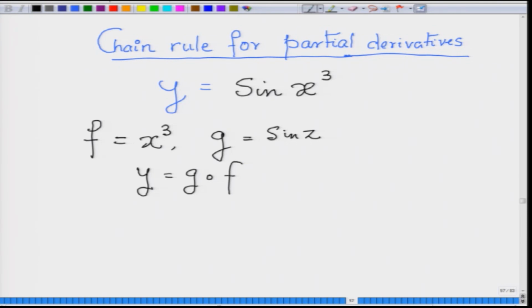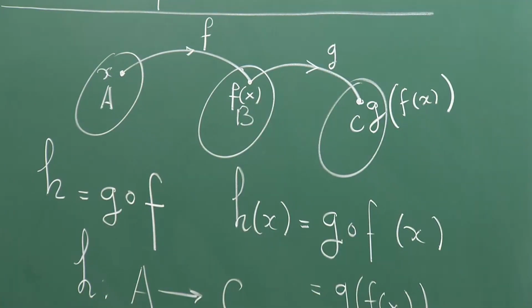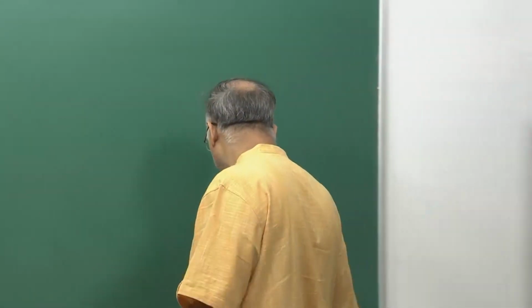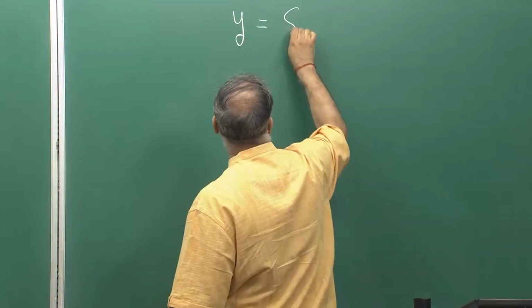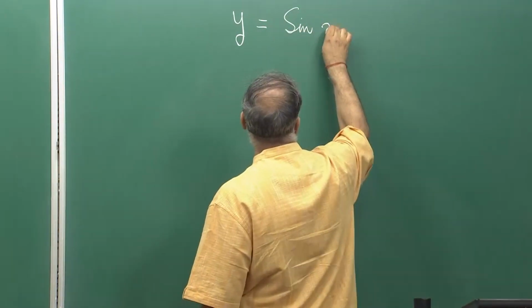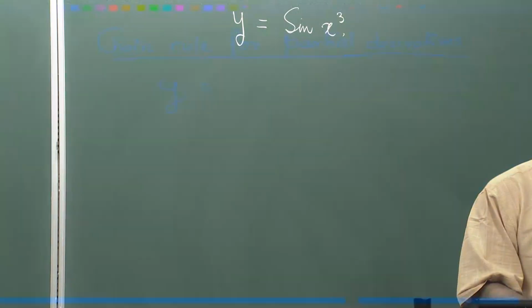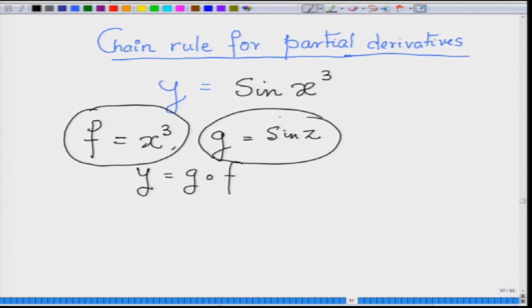Now if I look at this function y is equal to sine of x cube, this function is differentiable. The sine function is differentiable, and f, x cube, is also differentiable.